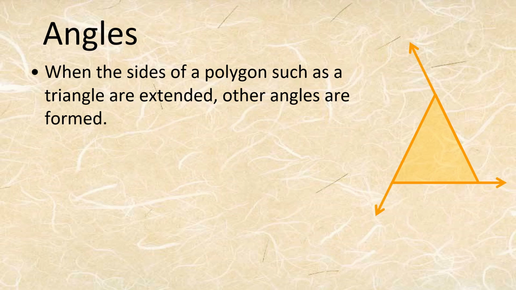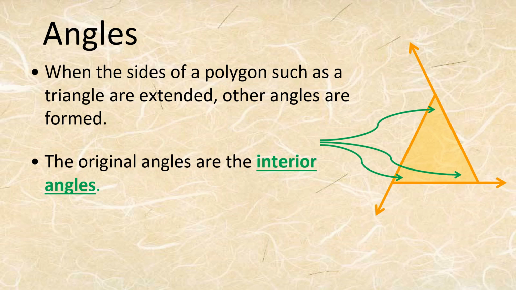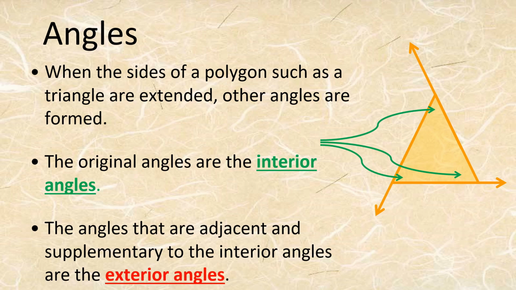Okay, so we extend it as such. If you observe, the sides are the ones extended. So when the sides are extended, the angles inside the triangle are called interior angles, and the angles outside the triangle are exterior angles.